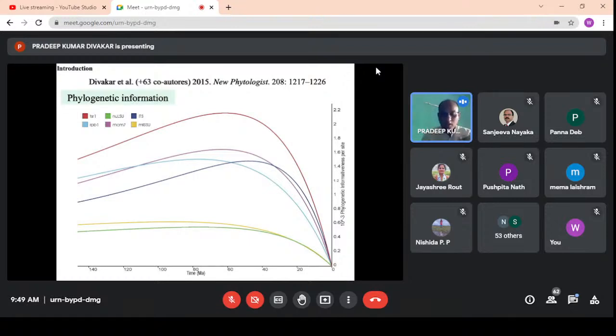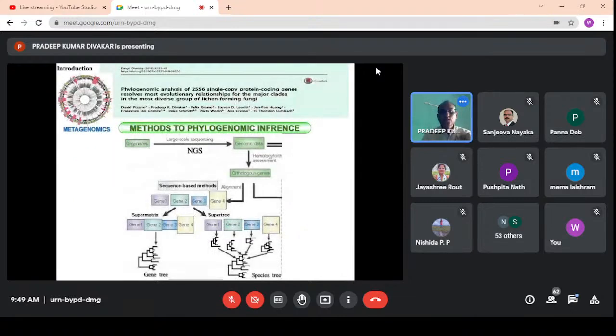So, very briefly, I will explain what a phylogenomic inference is. Today, you must have read several papers on phylogenomic inference. Phylogenomics allows analyzing all the genes in the genome. I will repeat: phylogenomic inference allows analyzing all the genetic information of a species that is encoded in the genes.